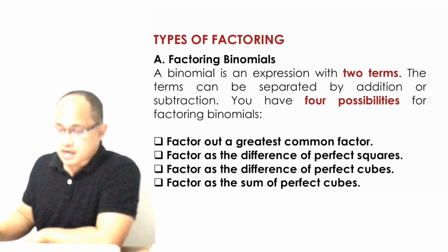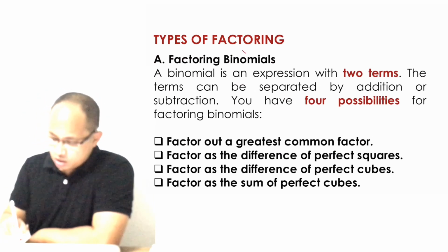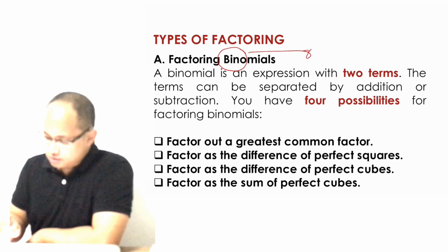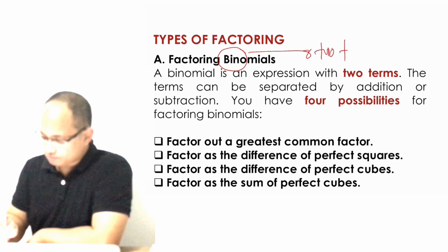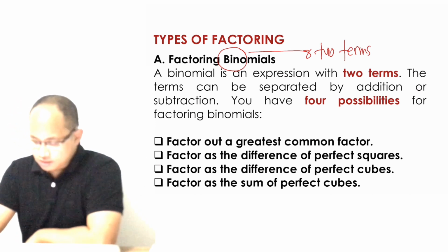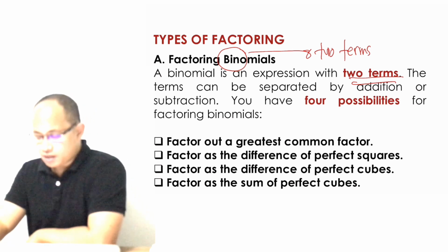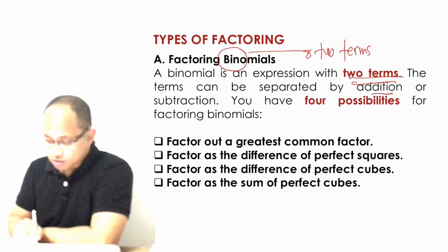Now, I'll give you the types of factoring. The first is factoring binomials. From the word binomial, it means 2 terms. A binomial is an expression with 2 terms, which can be separated by addition or subtraction.